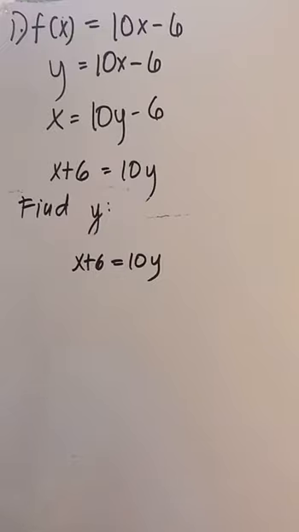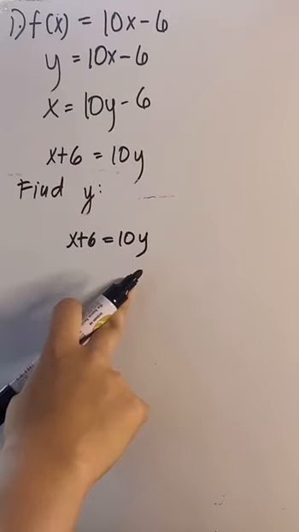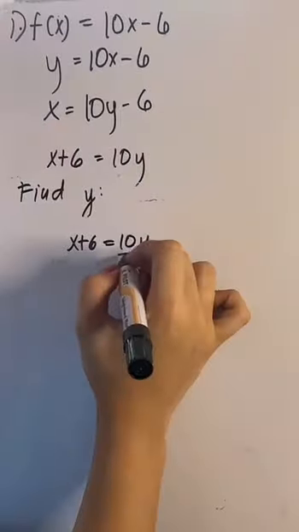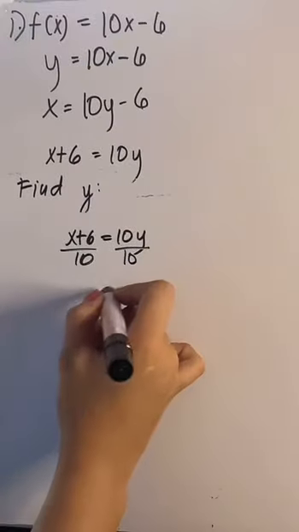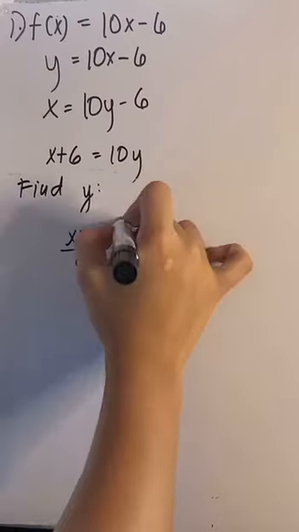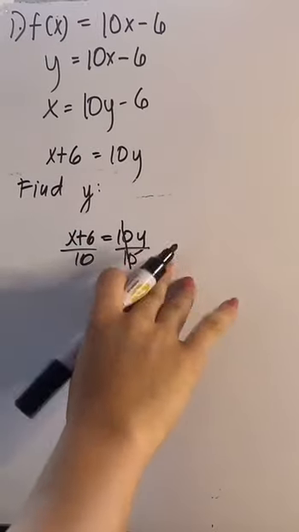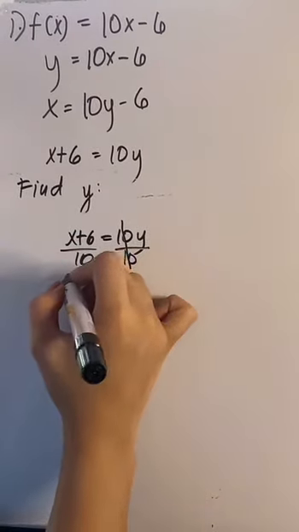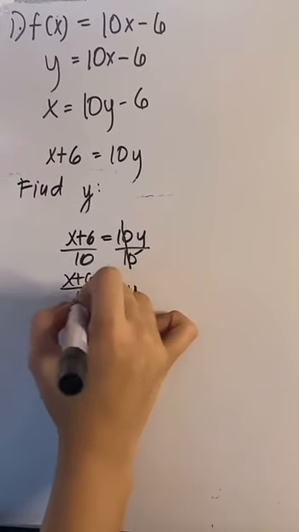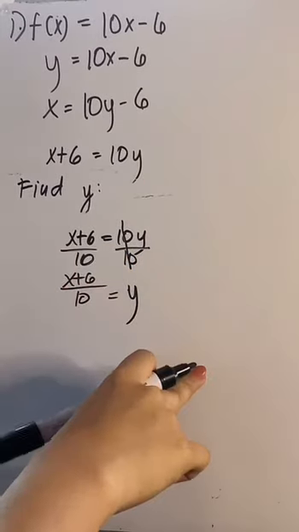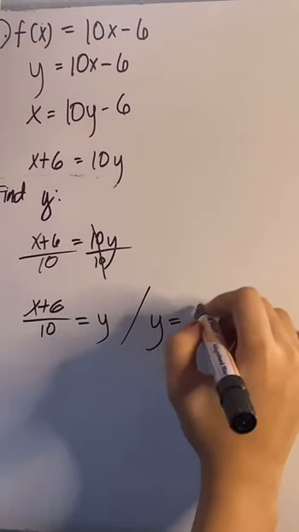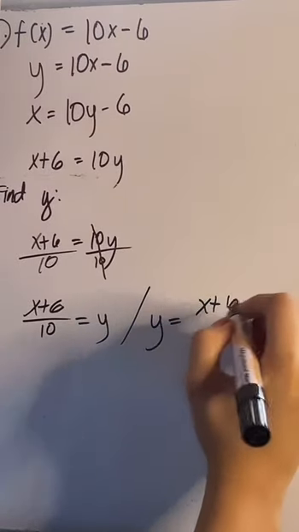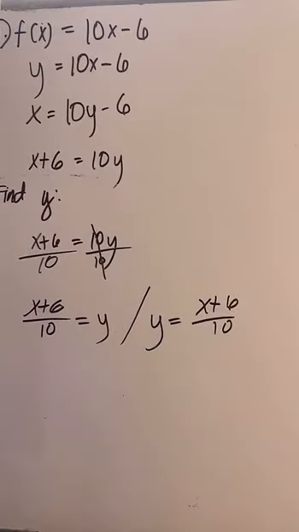In finding y, we have to divide both sides by 10. So cancel out the 10, then equals y. So x plus 6 over 10 equals y, or y equals x plus 6 over 10.